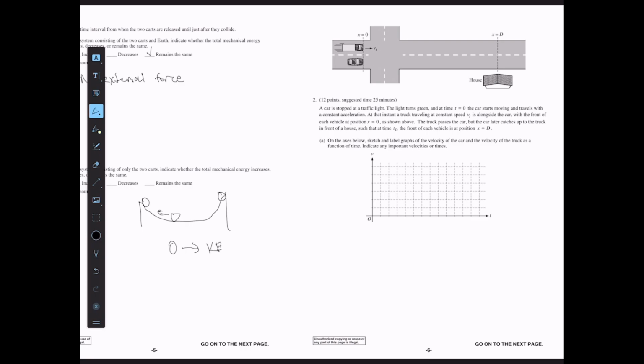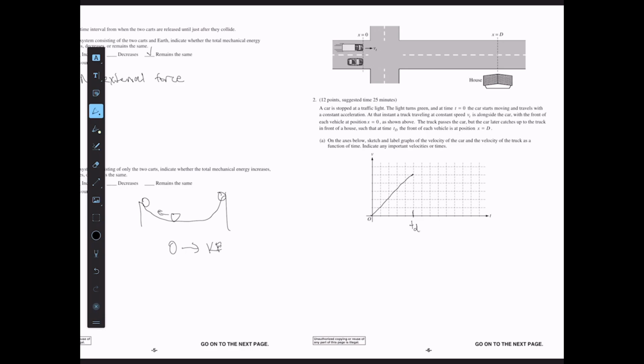Okay, so for the car, let's say td is right here. Actually, no. It travels with constant acceleration, so for a velocity-time graph, the slope is constant and positive. So it's like that, and let's say this is td. Never mind, I drew this badly.